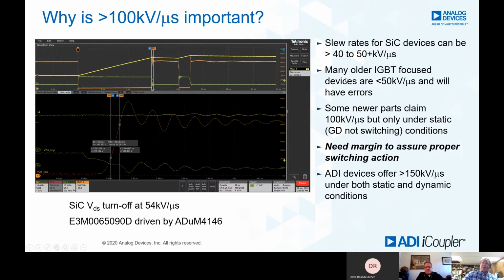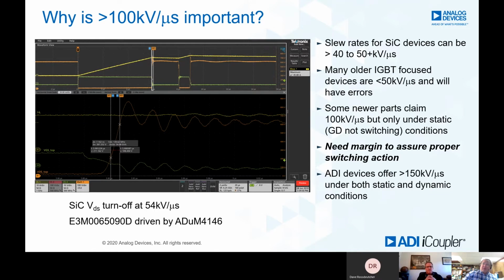Newer switch devices like silicon carbide can easily switch over 50 kilovolts per microsecond. So a gate driver developed for IGBTs or slower switching devices can have problems with the fast switching edges of modern devices.